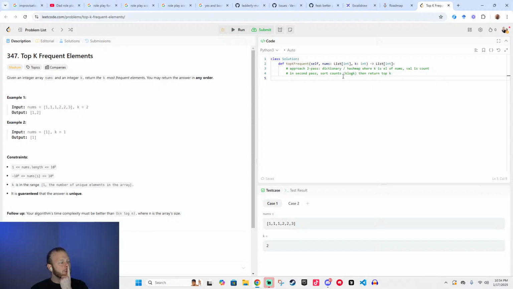Yeah, that's weird. What if there's 4 unique and then k is 3? Which do I pick? It's guaranteed that the answer is unique. So I can basically ignore that sad case, where unique length count is greater than k.